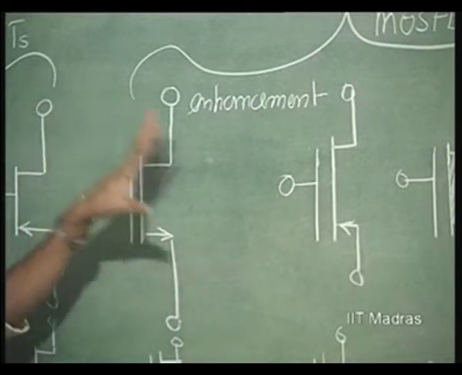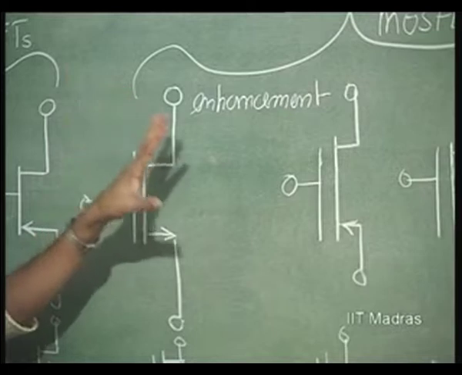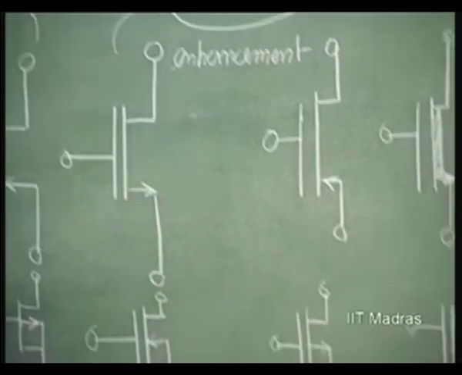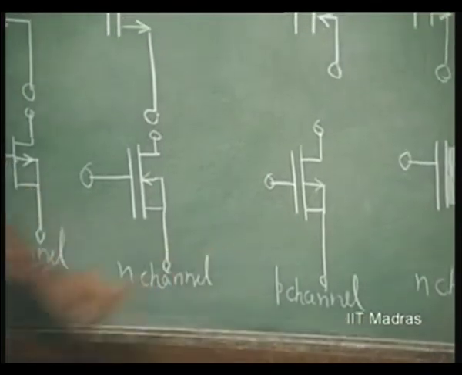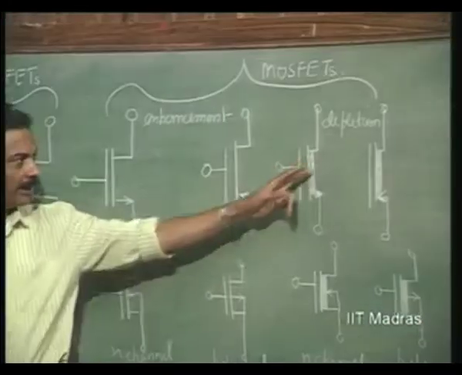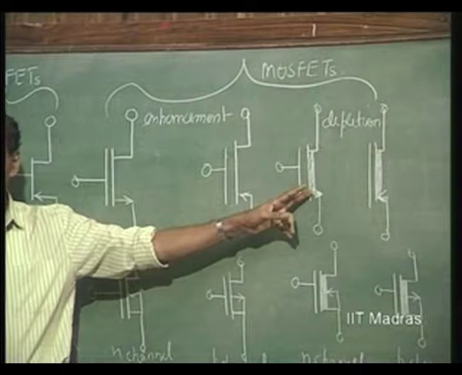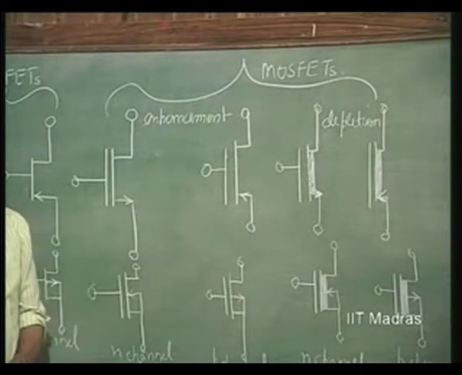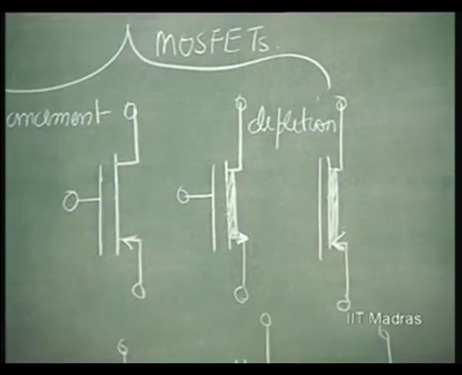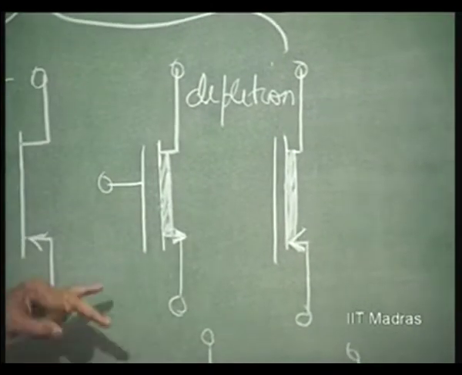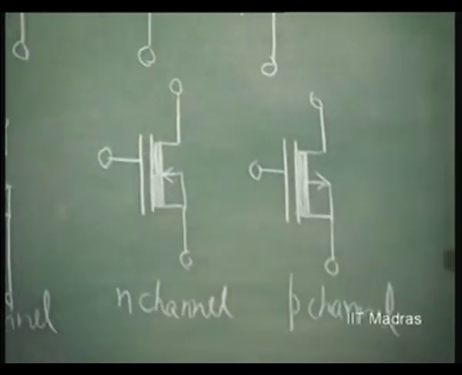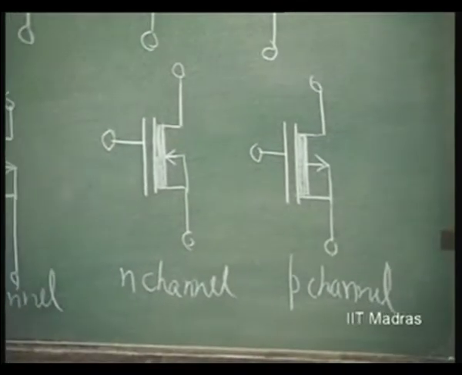Only after a threshold voltage is applied, the channel can come into existence. Then we have N channel and P channel, and then we have the channel already diffused into this. So, these are the depletion mode MOSFETs, which can be operated also in enhancement mode, but they are popularly called depletion type of MOSFETs.